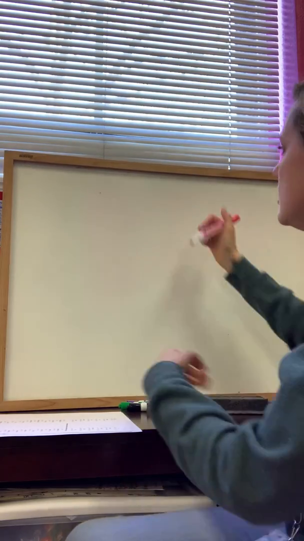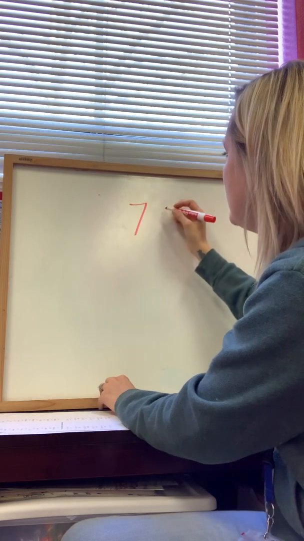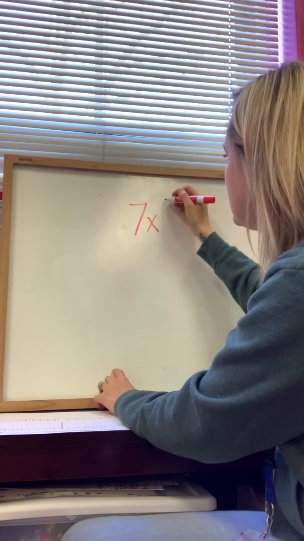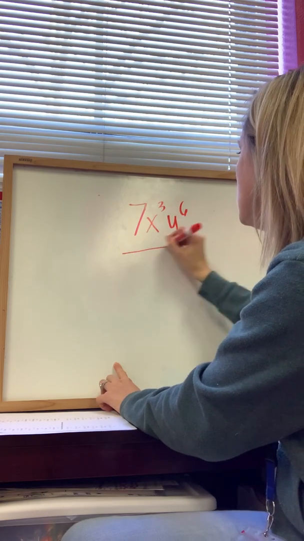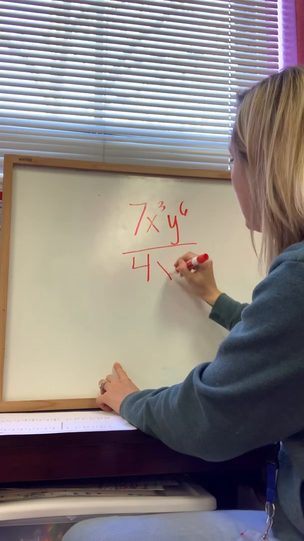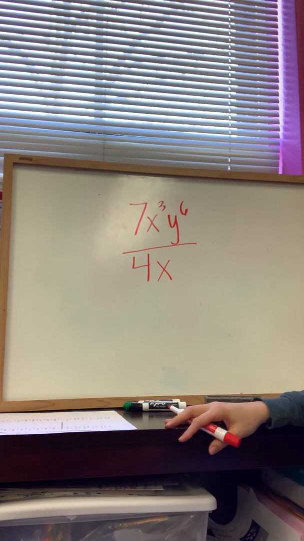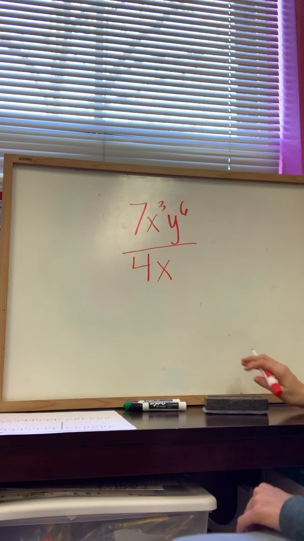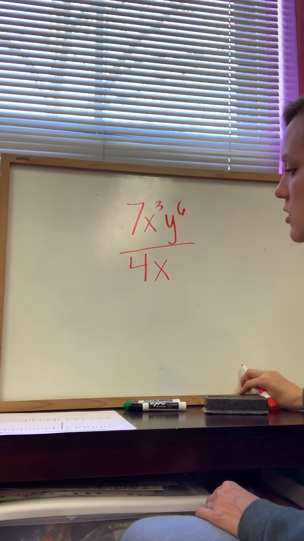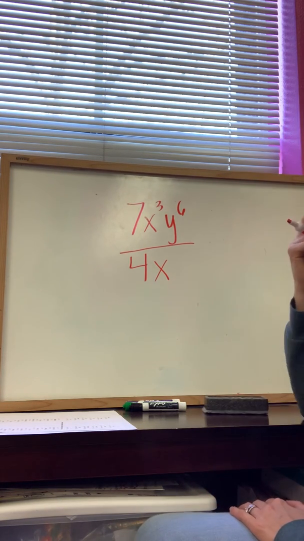Let's do 7x cubed y to the 6th over 4x. Try to solve this one real quick by pausing your video. So 7 over 4 doesn't reduce, and we don't really want to change it to a mixed number.